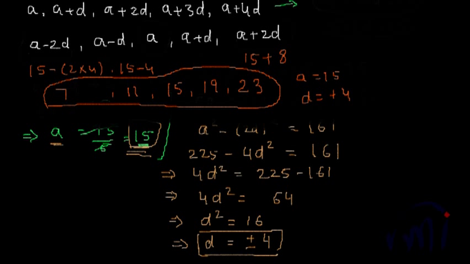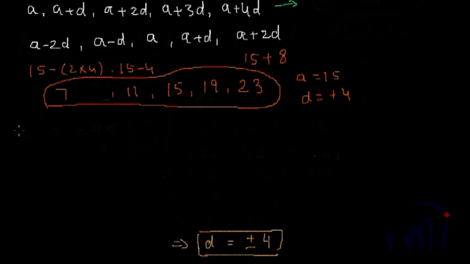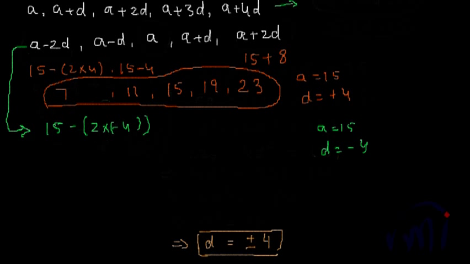And what about the pattern when d is equal to minus 4? So let's try and find it. So if we substitute a is equal to 15 and d as minus 4, from here we will get our first term as 15 minus 2 multiplied by minus 4, right?